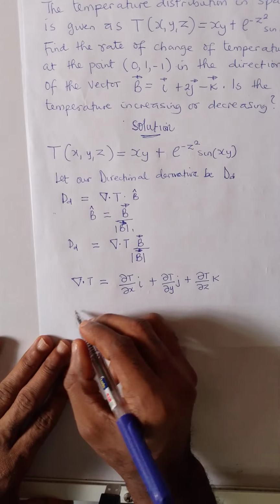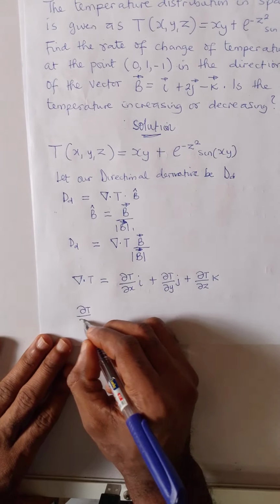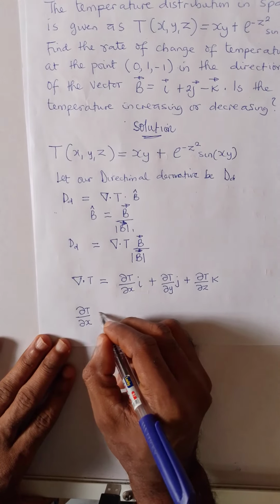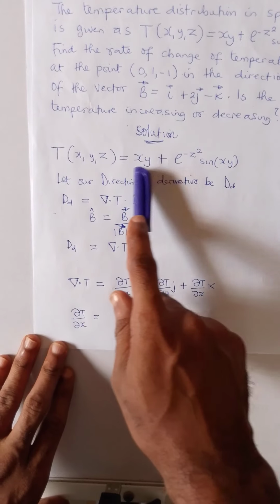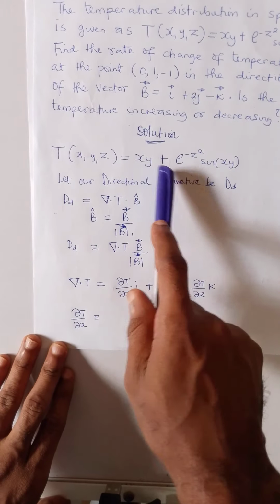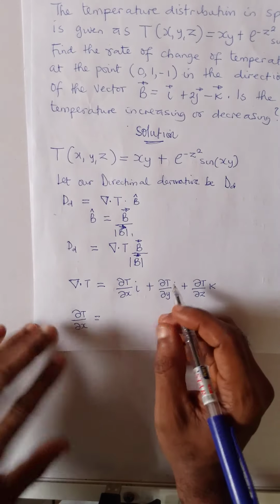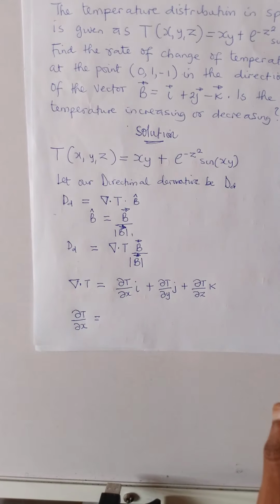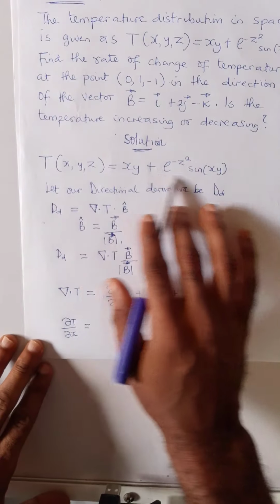So our partial derivative of T with respect to x will be, this is partial differentiation, so we are differentiating T with respect to x using this equation.